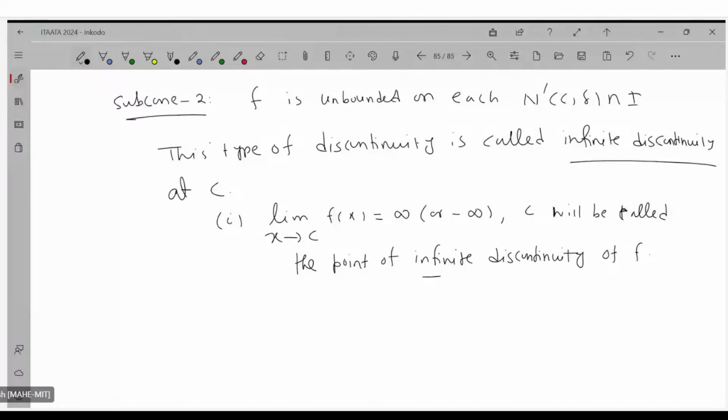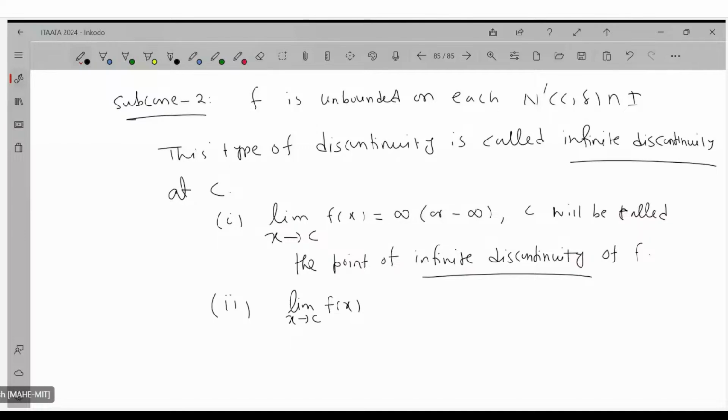And obviously second is that the limit does not exist. Although we started with the case that limit x tends to c, f(x) does not exist, in the sense that it's not finite, it might be possible that the limit is infinity or minus infinity, and it will be called the point of infinite discontinuity.